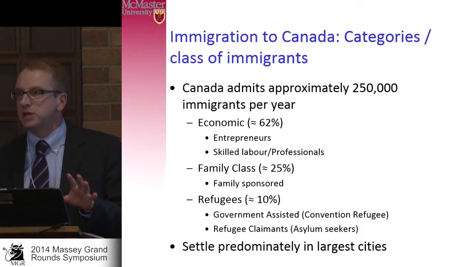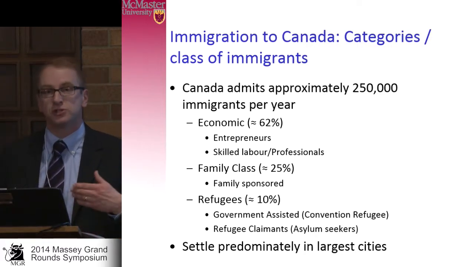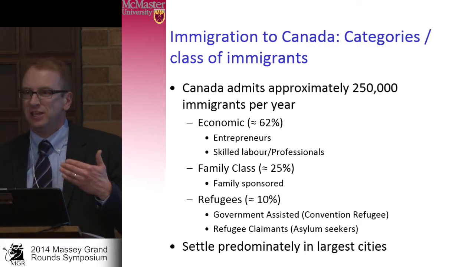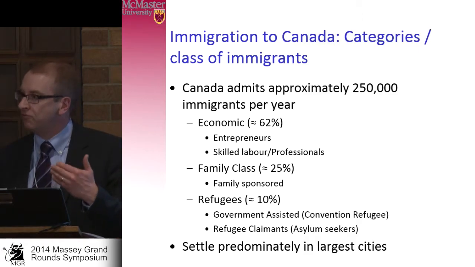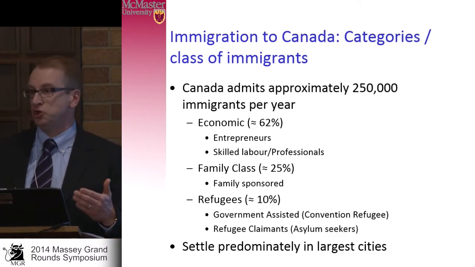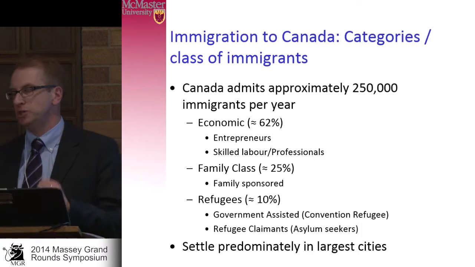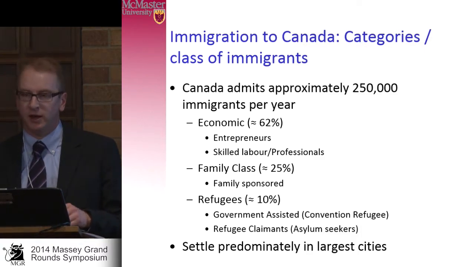And then approximately 10% come in as refugees, either as government-assisted refugees, so those are individuals that meet the terms or definition of convention refugees as set out by the UN Convention, or as refugee claimants. So these are individuals who come into Canada and then claim refugee status after arrival within Canada.